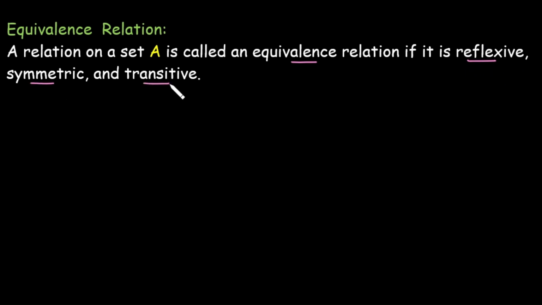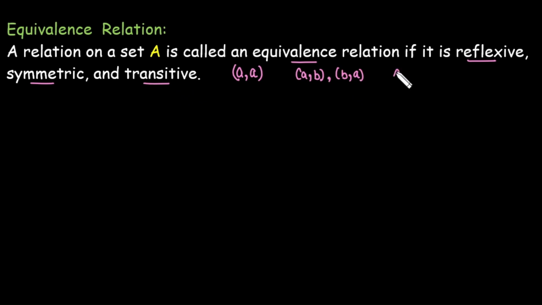well as transitive. Reflexive means every element is related to itself, means we have the ordered pair of this form for every element of this set A. Symmetric means if we have the ordered pair A, B as a part of a relation, then a reverse ordered pair must be there.